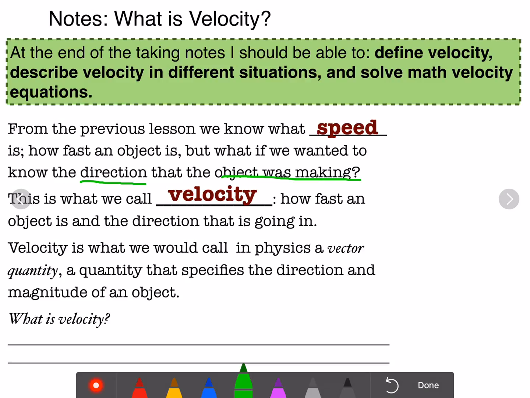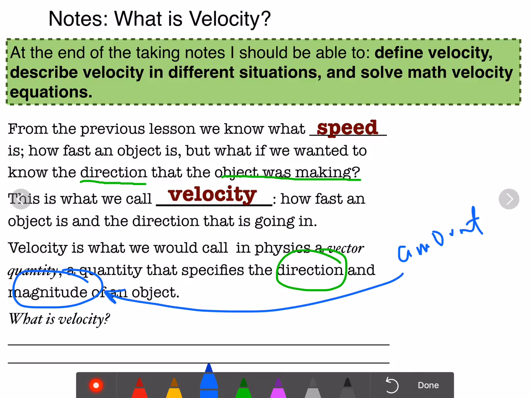Magnitude is amount, and direction is north, south, west, and east. We're talking about our compass rose.